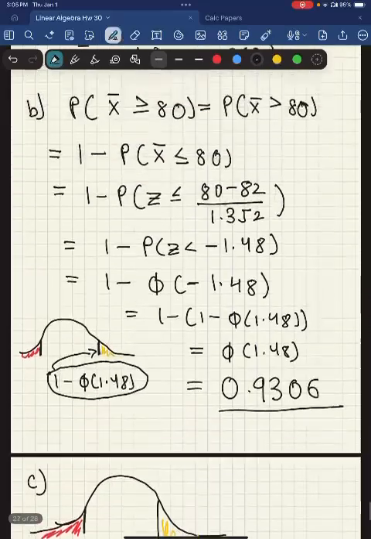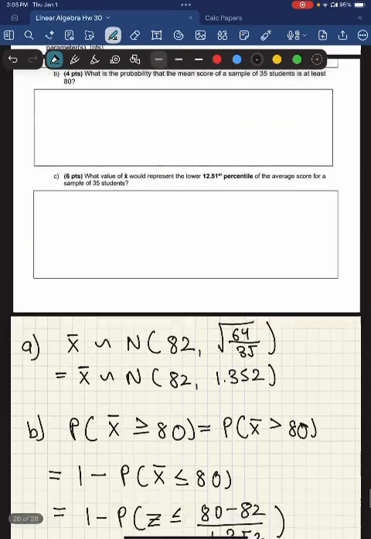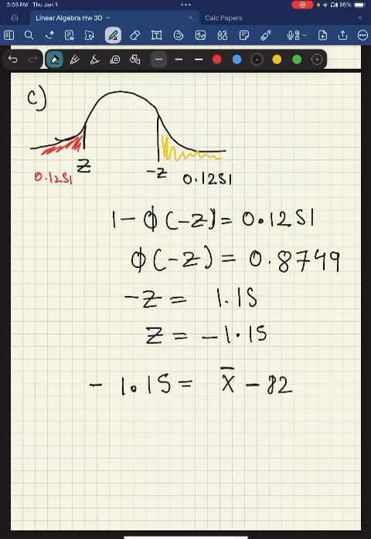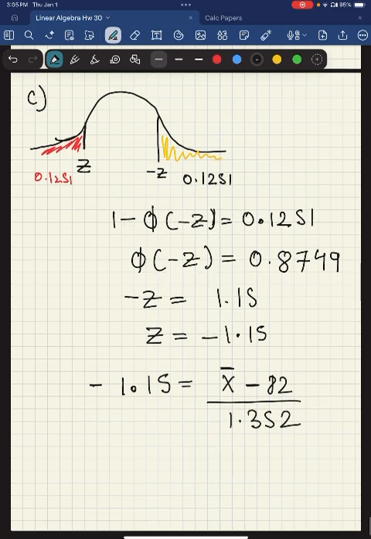But this is the z value. It doesn't give us the actual answer in terms of x bar. So negative 1.15 is equal to x bar minus 82, which is the mean, over 1.352, which is the standard deviation.